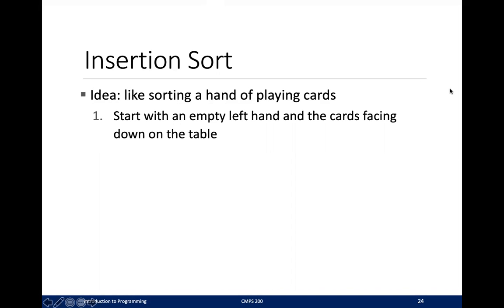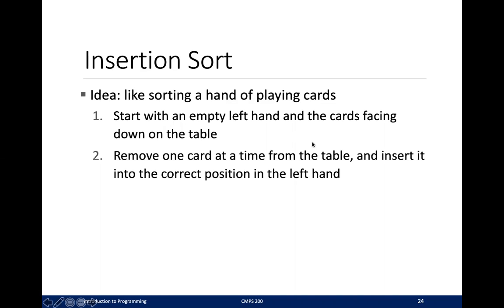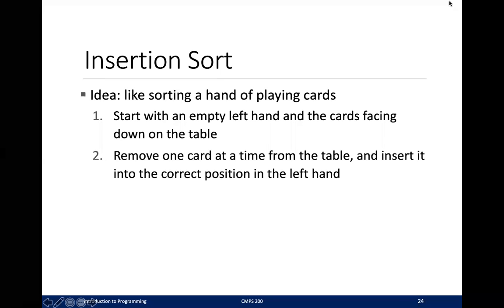You have a deck of cards on the table, and you draw one card at a time and sort them in your hand. The left hand is where I'm sorting the cards, and it's initially empty. You remove one card at a time from the table, and you insert it in its correct position in the left hand.